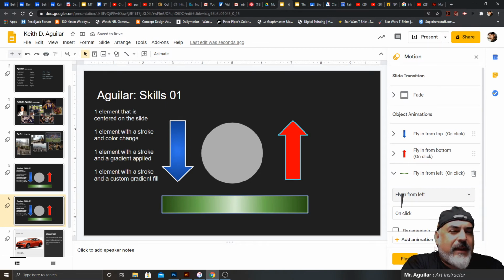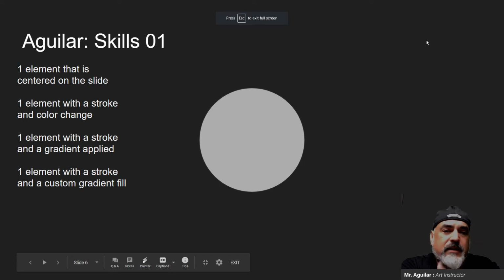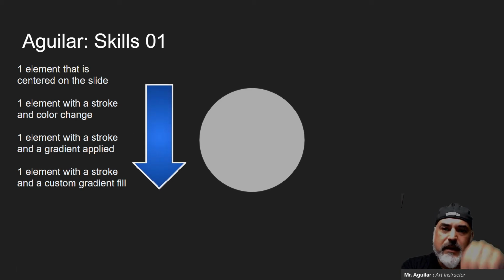And I don't know if my camera's setting up because it could go that way. It depends on how the camera's set up. We'll find out. So now that I have that set, okay, I can go into present. And you're not going to see the elements, right? They're not going to be there on the screen. But if I hit enter to advance the next slide, it's going to come down.